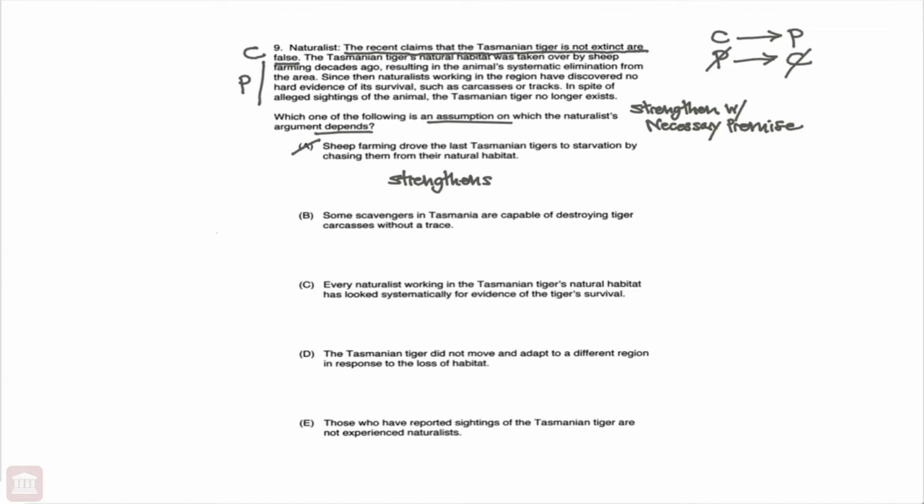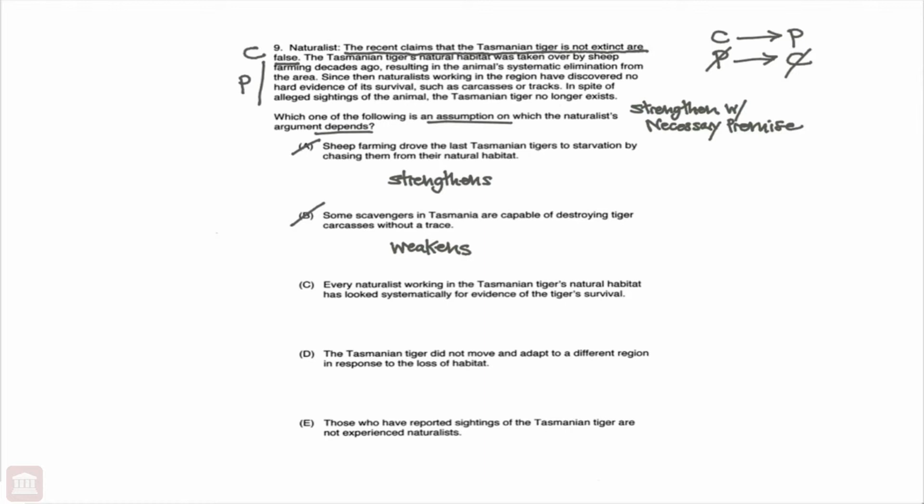What B does is weaken the argument, because it casts doubt on the evidence that we haven't seen any carcasses. Just because we haven't seen any carcasses doesn't mean the Tasmanian tiger no longer exists. So B is definitely out.